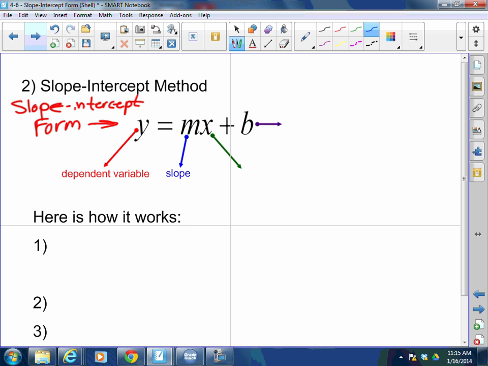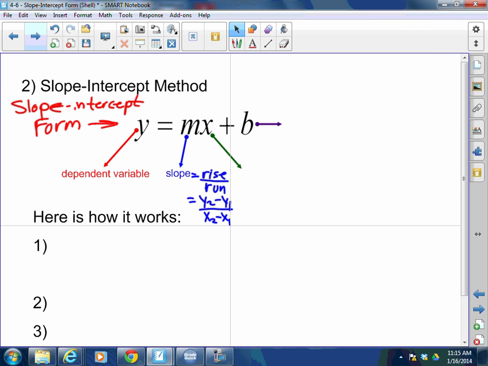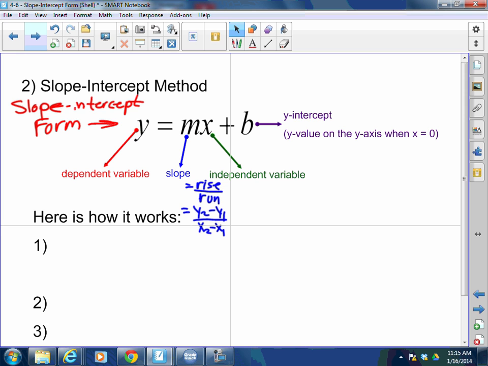Remember, slope equals the rise or fall over run, and the formula is y2 minus y1 over x2 minus x1. The x is always the independent variable. Good job. Let me move this out of the way. Independent variable. And the b is the y-intercept. That's the y value on the y-axis when x equals 0.